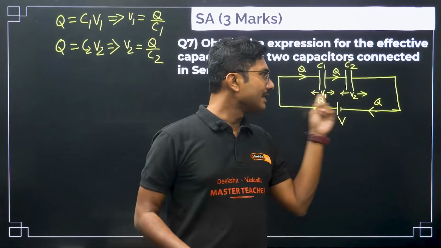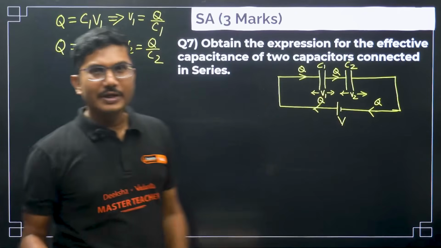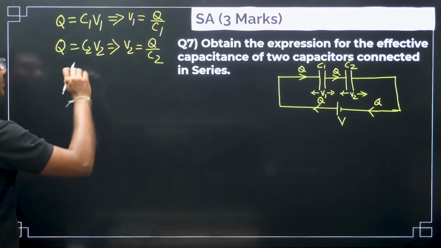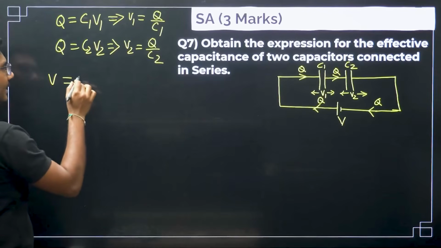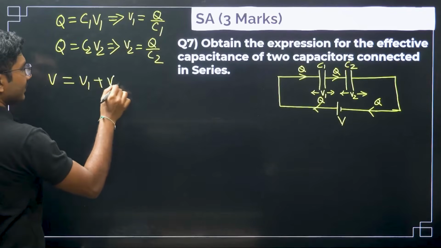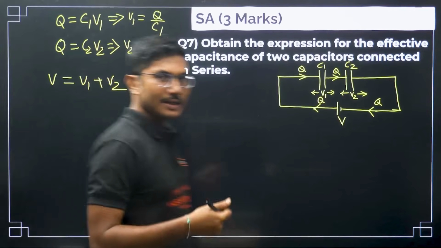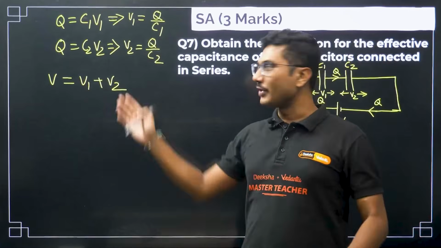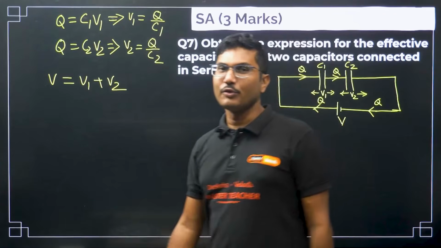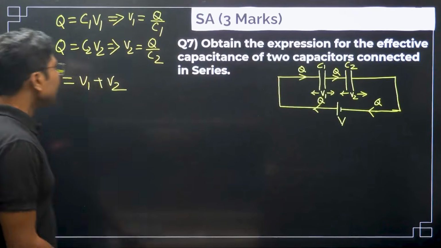If you add these two, the total amount will remain the same, right? So basically we can say that the money your father provided equals V1 plus V2. This is the money given by the parent, and this is the money that you have divided. If you add these two, the total voltage should remain the same.